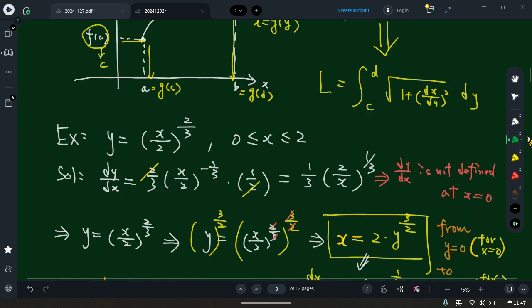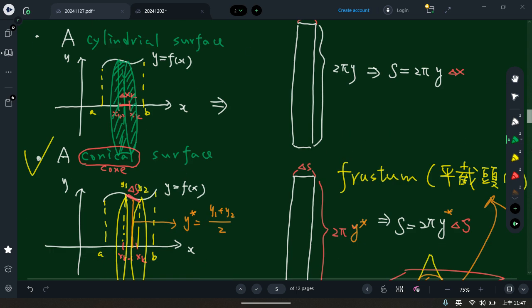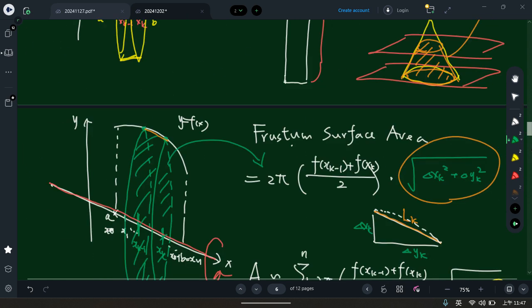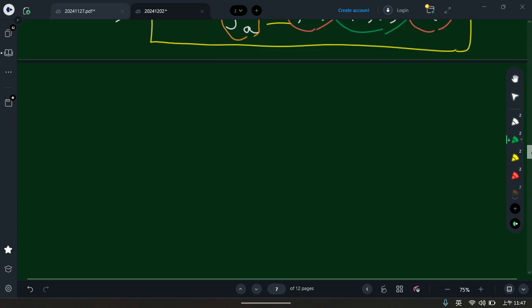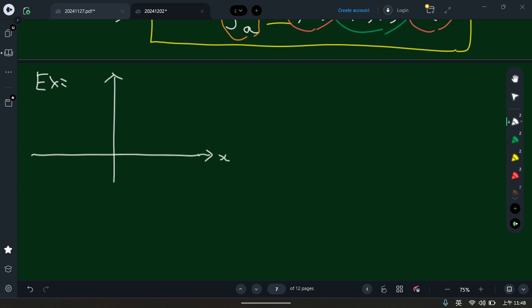Okay, so I can give you an example. For example, if we are trying to calculate the surface of a sphere, y is equal to square root of a squared minus x squared. This is minus a, this is positive a.